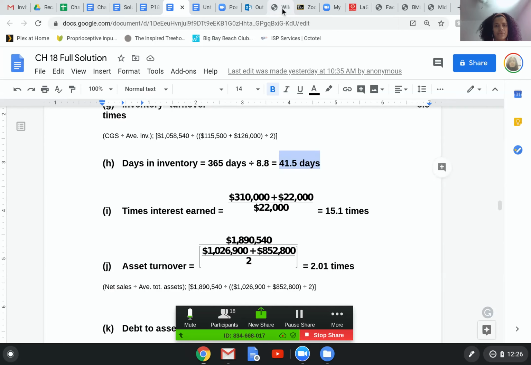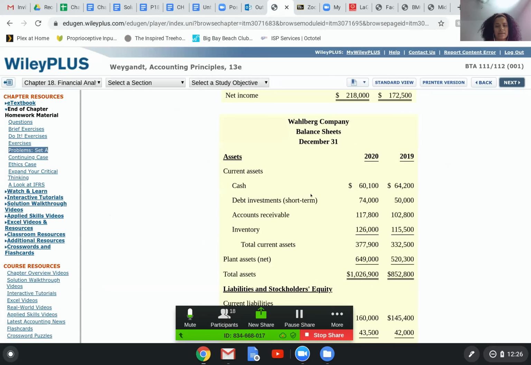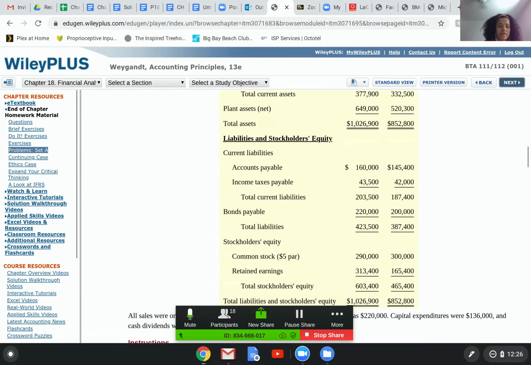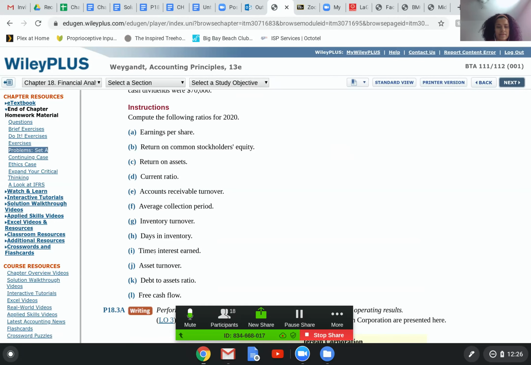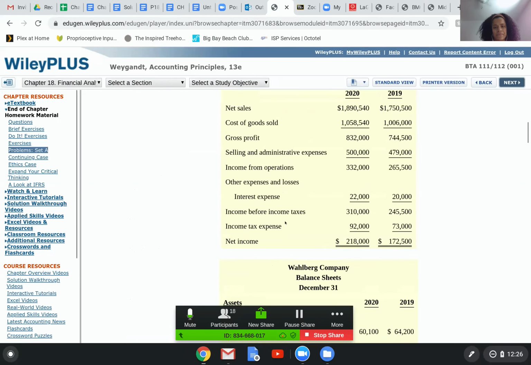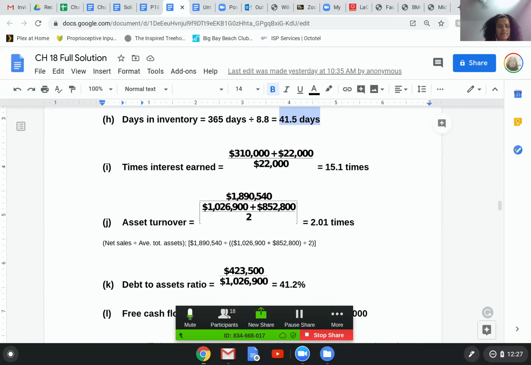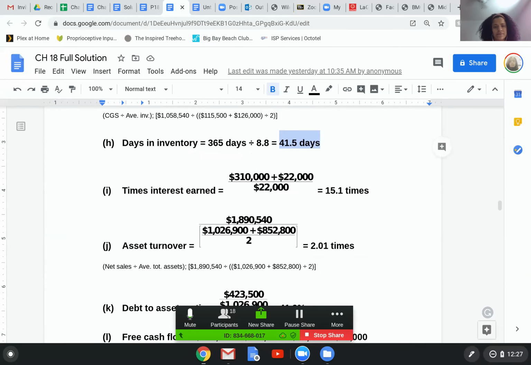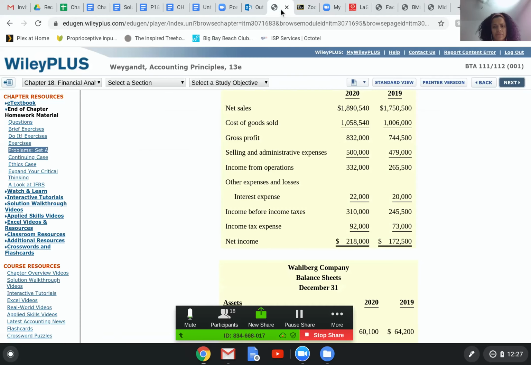Then we come to times interest earned. This is a solvency ratio, and we covered this yesterday, right? You're talking about your net income before income tax and before interest, divided by your interest expense. That's how you calculate times interest earned. So over here, they take this 310. The question is, where did that come from?